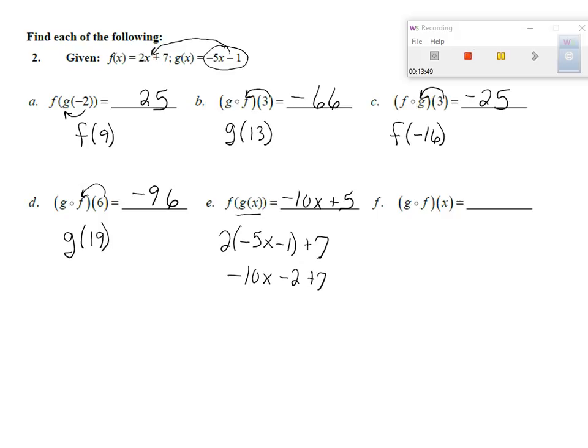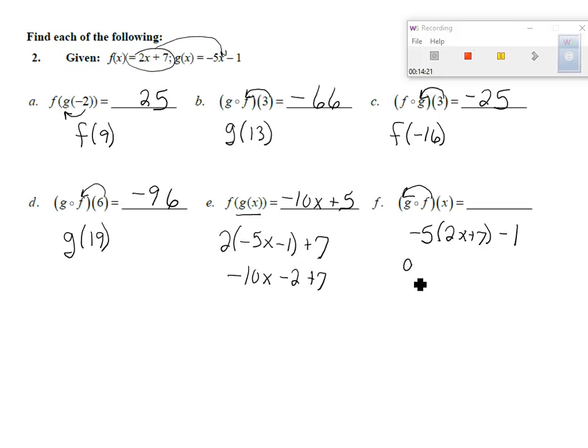Hopefully you're starting to get the hang of this now. What's g composition f say to do? Well, just backwards of what I just did. This says take the function of f, after we put an x in there, but there's already x, dump f into g. Circle f, dump it there. So I'm going to have negative 5 times 2x plus 7, minus 1.